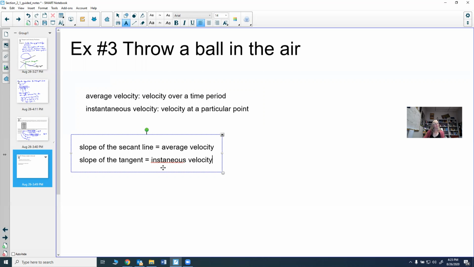So as an example, where you might see this is the cop doesn't care when he pulls you over. The police officer doesn't care how fast you are going over a certain period.